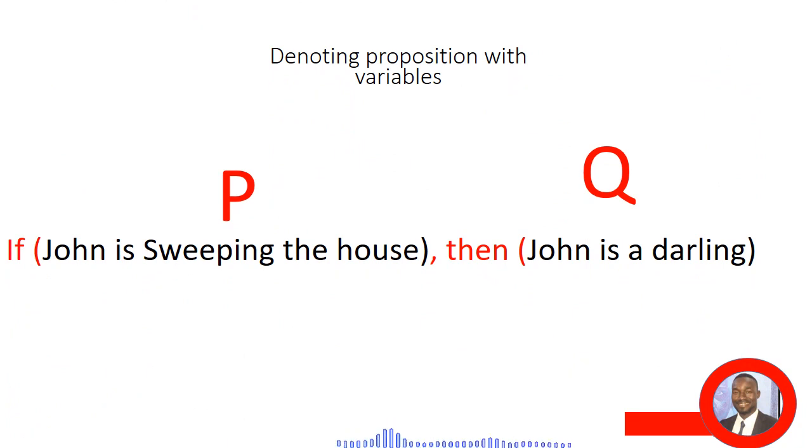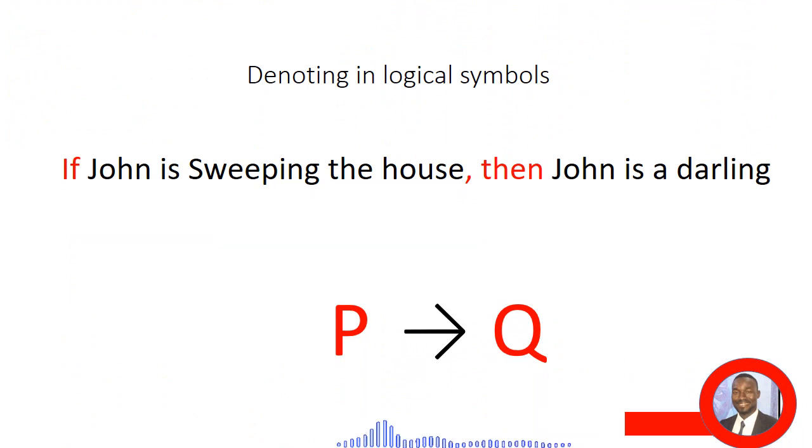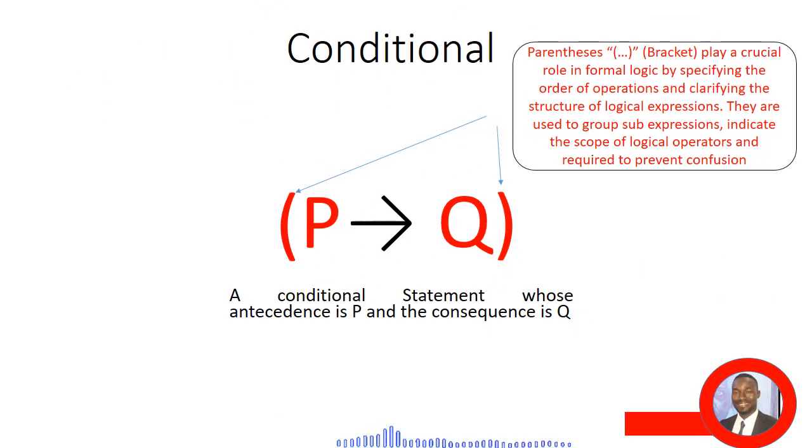John is sweeping the house becomes our P, and John is a darling becomes our Q. To denote these statements in logical symbols, if John is sweeping the house, then John is a darling becomes P forward arrow Q. The end result is that we have a conditional statement whose antecedent is P and the consequence is Q. The antecedent P representing John is sweeping the house, and Q, which is a consequence, representing John is a darling.